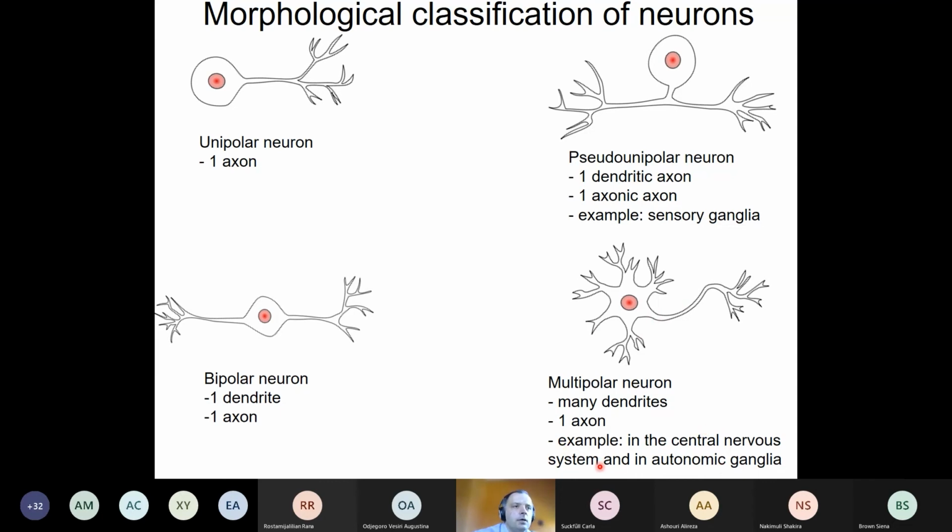The vast majority of the central neurons are of multipolar type, but because today I'm talking about the histology of the peripheral nervous system, I also have to give you an example for that. And the autonomic ganglion is the best example in the peripheral nervous system for the multipolar neurons. Okay, so this is the story of the classification of the neurons if we follow their morphology according to the number and types of the processes.